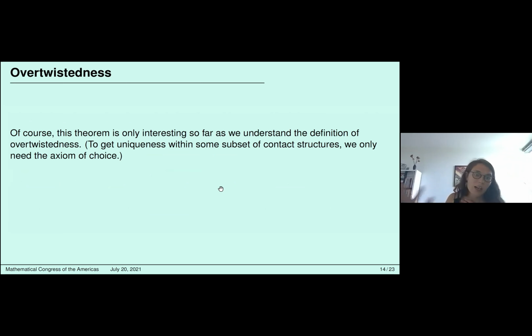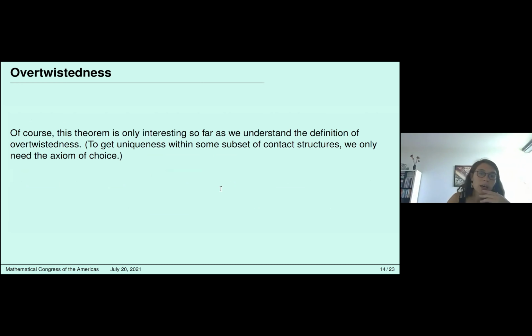Okay, great. Now, something I want to point out about this theorem is that it's not an interesting theorem unless you understand the class. If you want to say that you don't have uniqueness, but among this class you have uniqueness, that only means something if you understand that class.